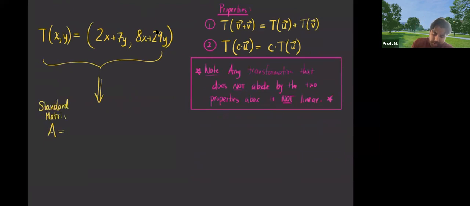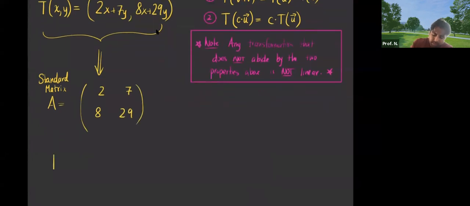You guys remember how we do that? How do we find that? 2, 7. Leonardo, you're saying the rows, right? 2, 7, and then 8, 29. Is that what you're saying? Yes, that's right. So this is 2, 7, 8, 29.